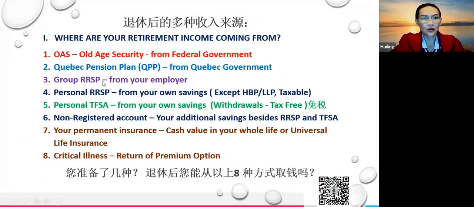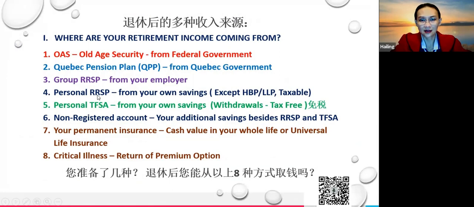If you have an employer offering group RSP, after retirement, you will also be able to withdraw money from your group RSP. Then number 4, 5, 6, 7, 8, those are the 5 different ways you can save money for your retirement.